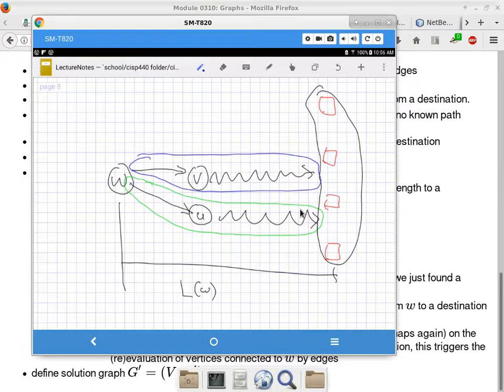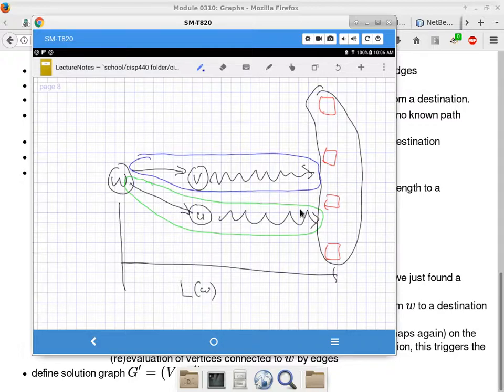One is we update the L function so that L of W is no longer the way that it was, which is represented by the green line. The new L value of W is now the value of the blue line.